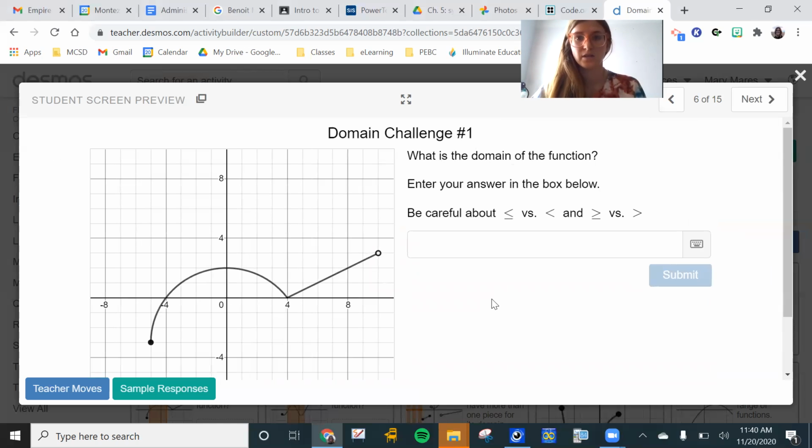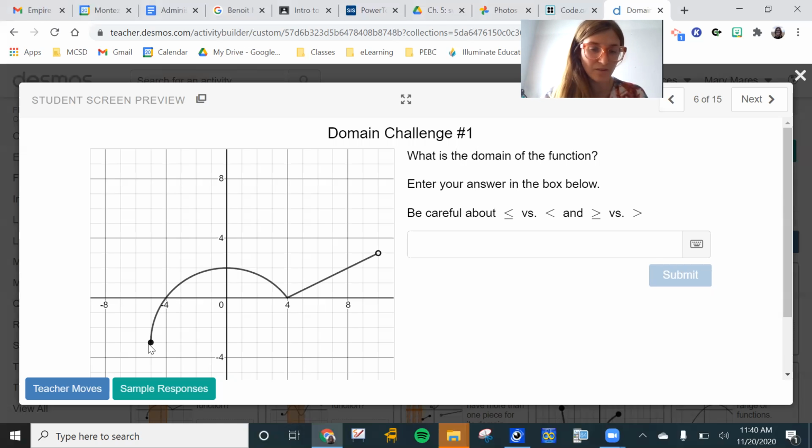All right. Now let's look at the domain of this function. So again, these are all the possible x values of this graph. So I need to use the less than or equal to, less than, greater than or equal to, and greater than. Since this side has a filled in dot, I know I want to include that value.